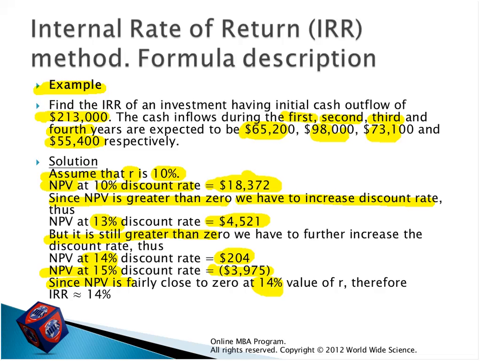Then the value of R, the discount rate or internal rate, will be around 14%. So this is how we do manual calculations of internal rate of return. Based on these calculations, we found that the internal rate of return must be equal to or close to 14%.